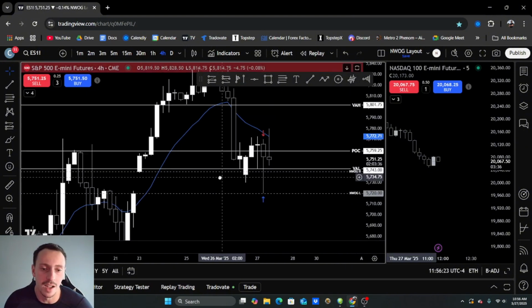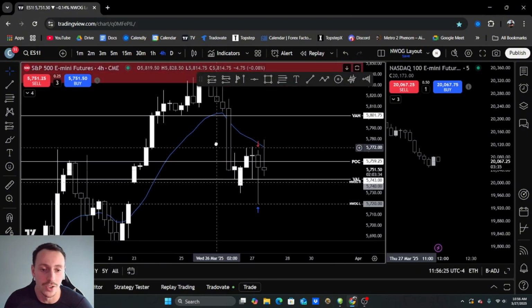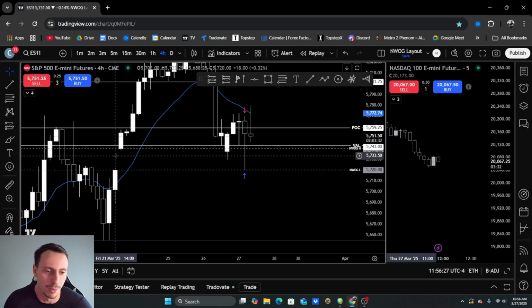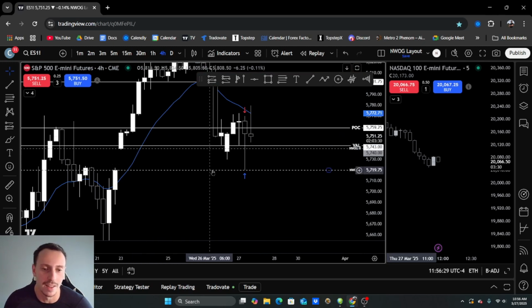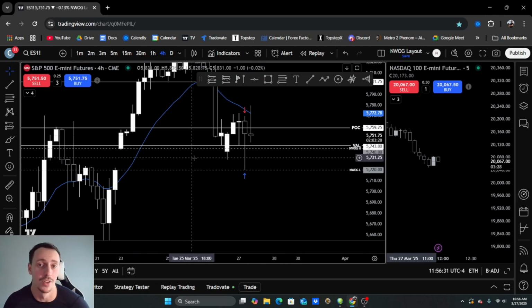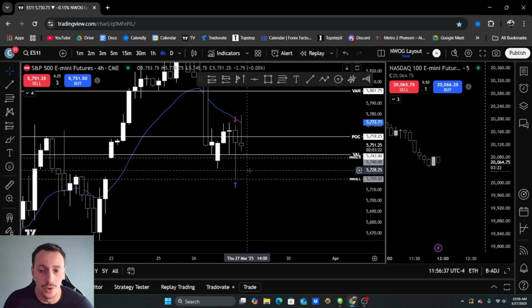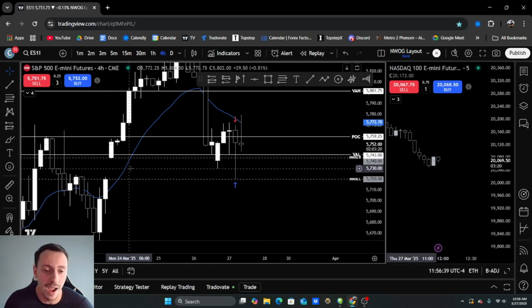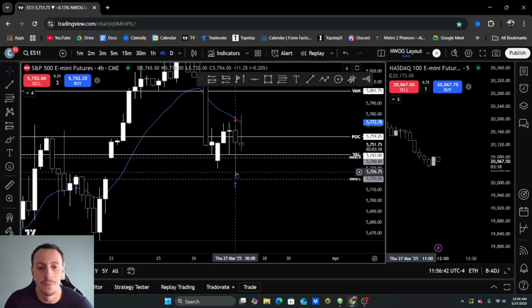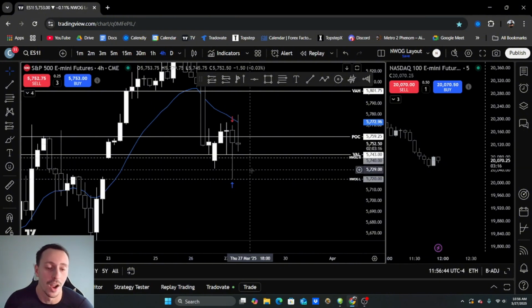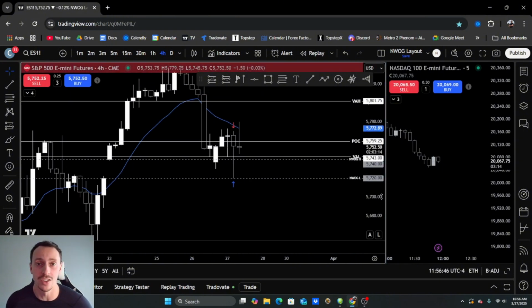But in this case, with us starting that sell off yesterday, this is a pretty obvious price magnet that I feel price is reaching for. So this morning, I was bearish going into the market opening until this gap was filled. I wanted to see this gap get filled, and that's exactly what happened. So my bias going into this morning is bearish.